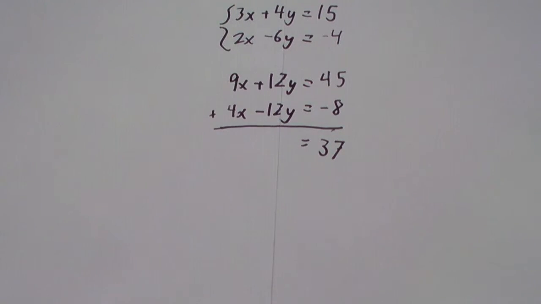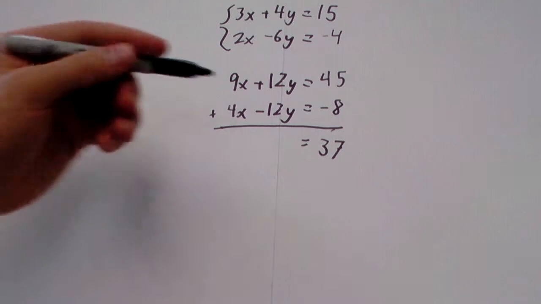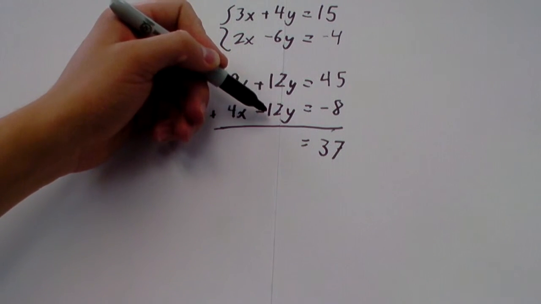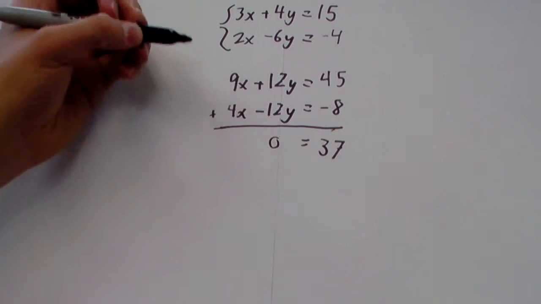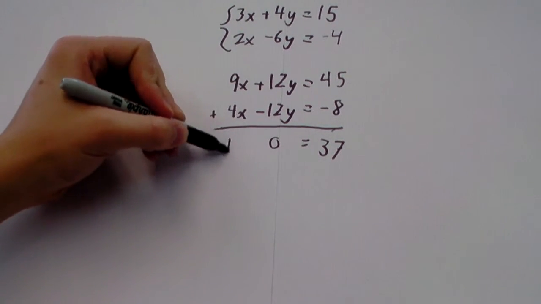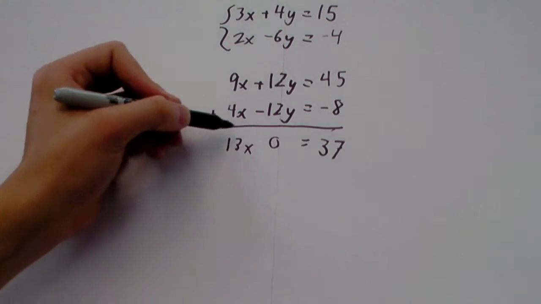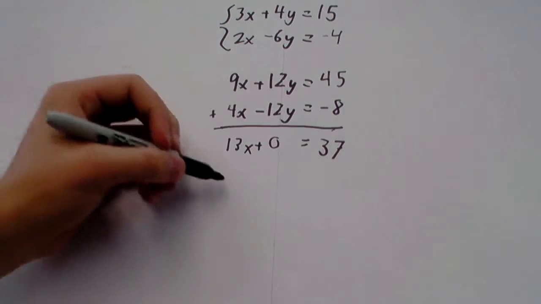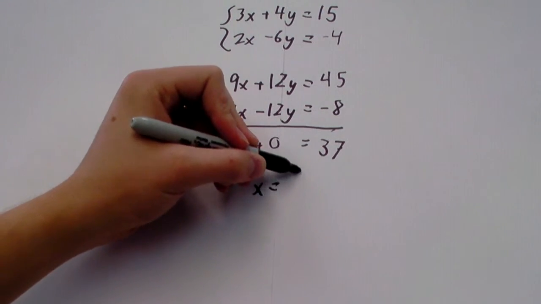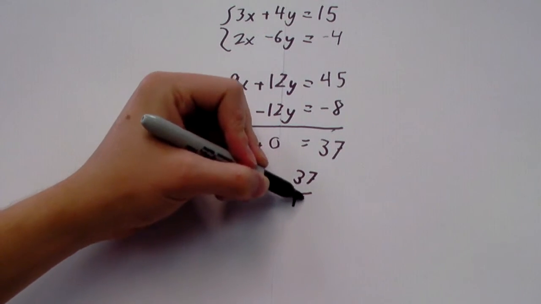So I really am doing the same thing to both sides of the equation, even if it looks completely different. So we've got 12y minus 12y is 0, and 9x plus 4x is 13x. So 13x plus 0 is 37. X is 37 over 13.